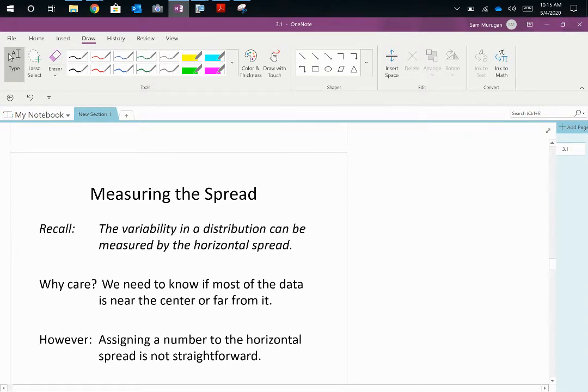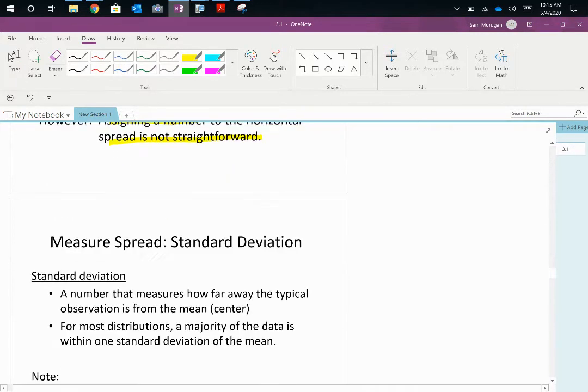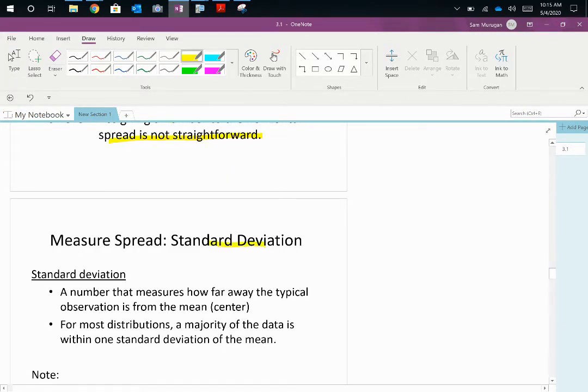Now, measuring the spread. The variability of a distribution can be measured by using something called the horizontal spread. Assigning a number to this horizontal spread is not straightforward. A standard deviation measures how far from the center the typical observation is.